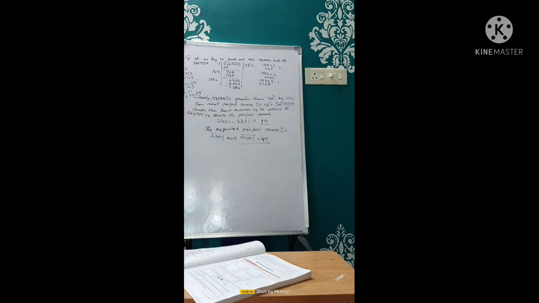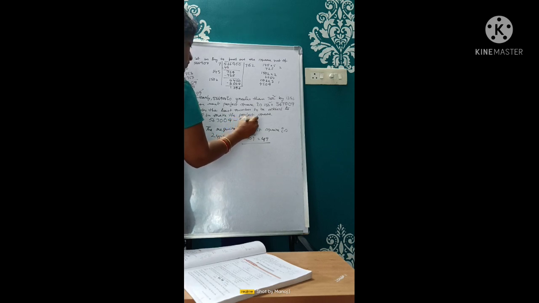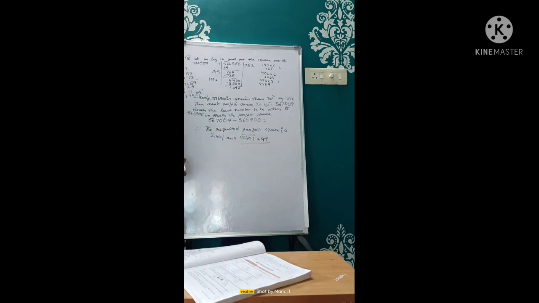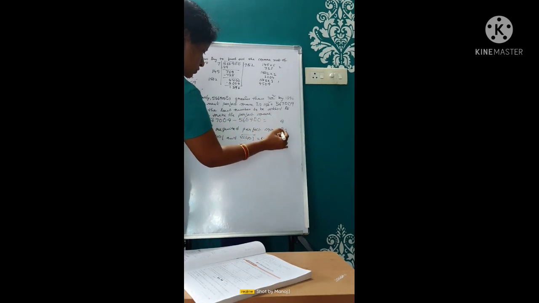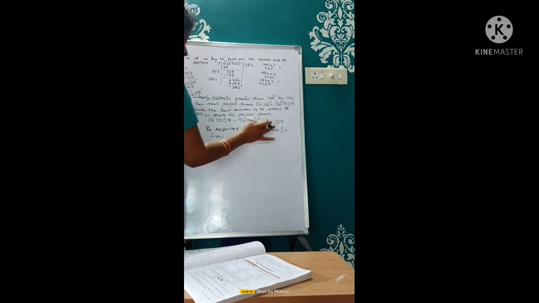So hence the least number to be added to 5,66,900 to make the perfect square equals 5,67,009 minus 5,66,900 equals 109.